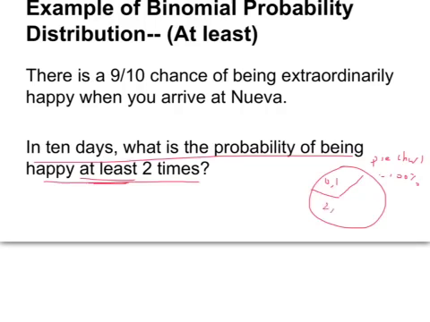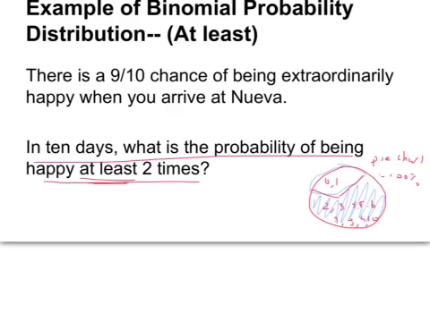And then we have 2, happy 3 times, happy 4 times, 5, 6, 7, 8, 9, 10. So everything in this pie chart here would satisfy me being happy at least 2 times. And everything in this part doesn't satisfy it.